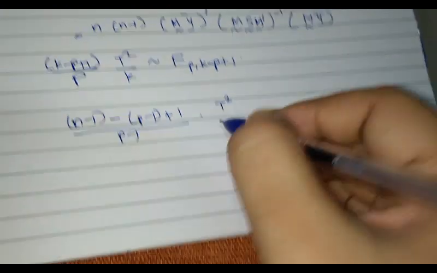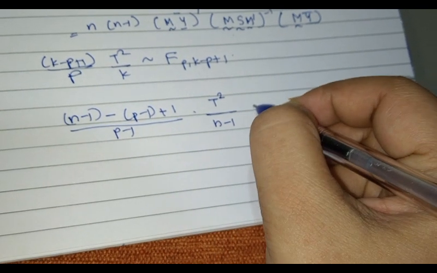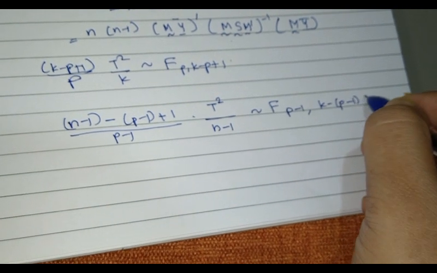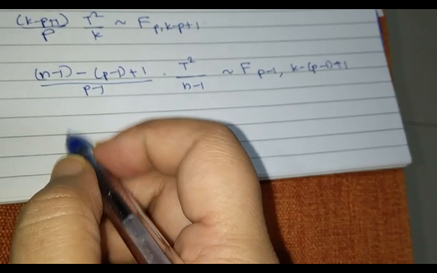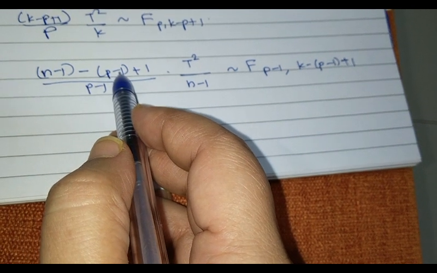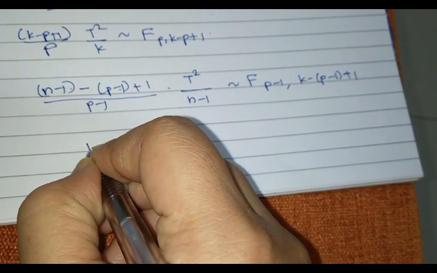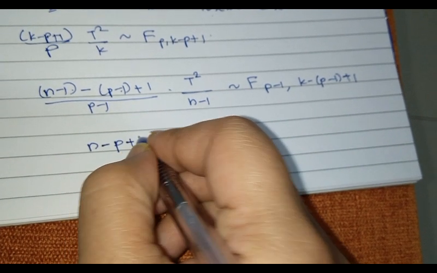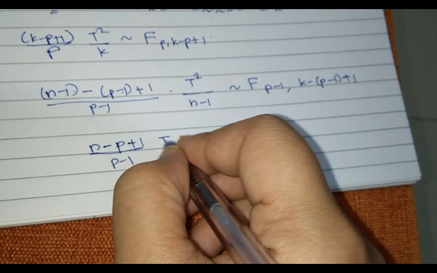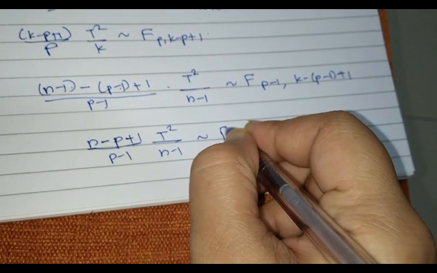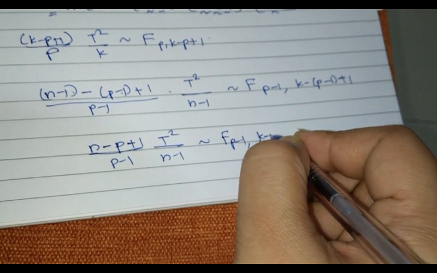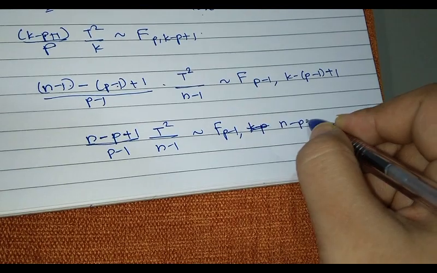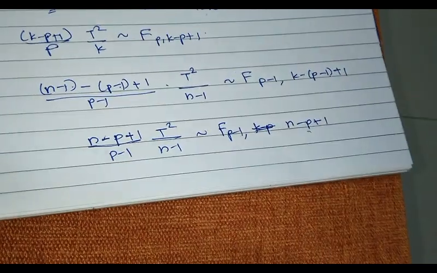Let me keep T square as it is, and K is N minus 1. So this follows F with P minus 1, K minus P minus 1 plus 1. So this N minus 1 minus P plus 1. So this minus 1 plus 1 will get cancelled. So I'll have N minus P plus 1 upon P minus 1. T square upon N minus 1 follows F P minus 1, N minus P plus 1. It's going to be exactly this. Okay.